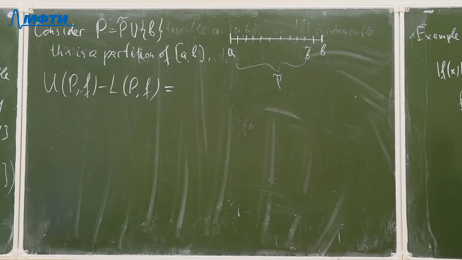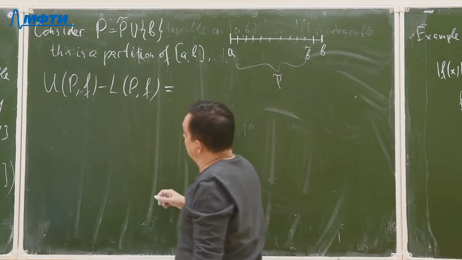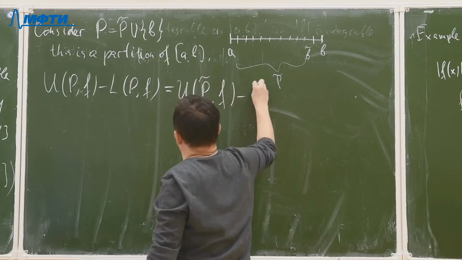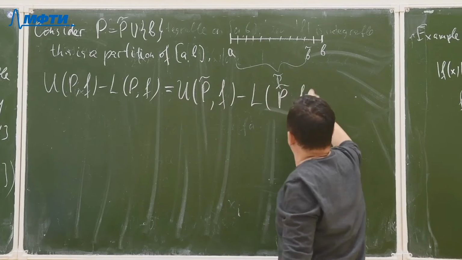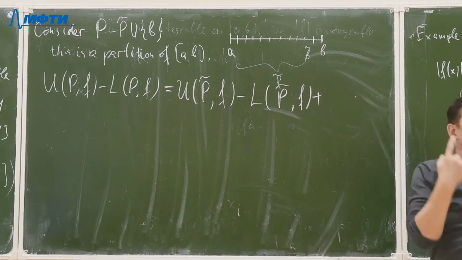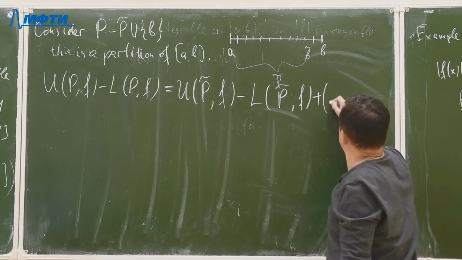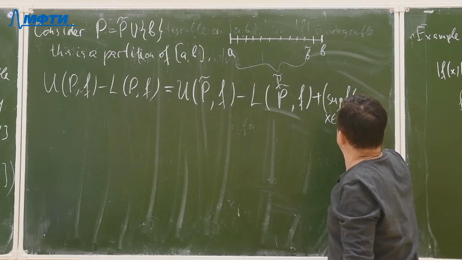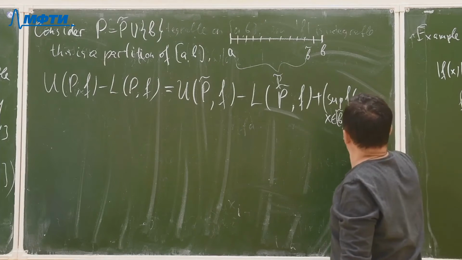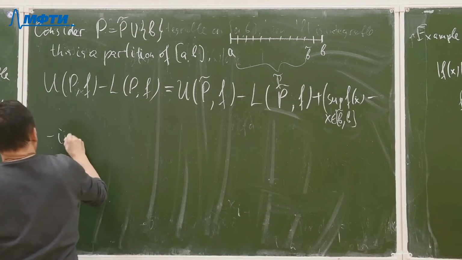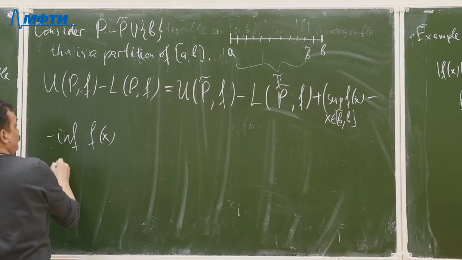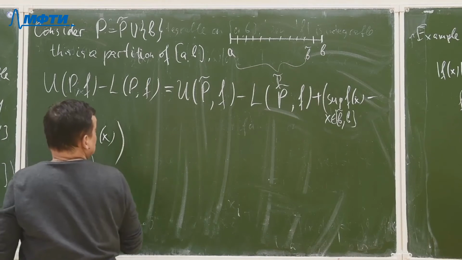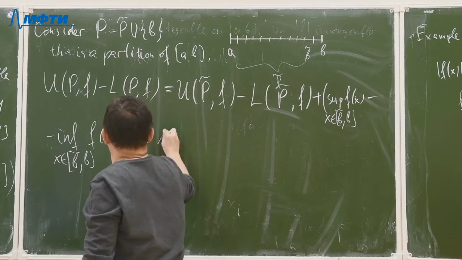Then look, what is it? That is precisely the difference between upper and lower sums for P tilde plus just one term: supremum of f(x) for x in [b tilde, b] minus infimum of f(x) for x in [b tilde, b], times b minus b tilde.